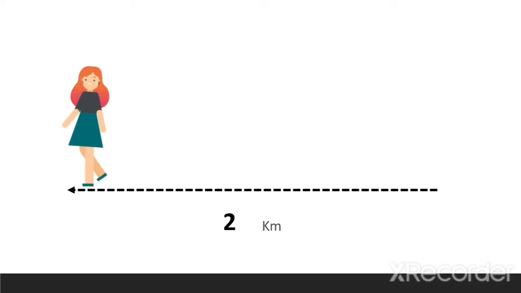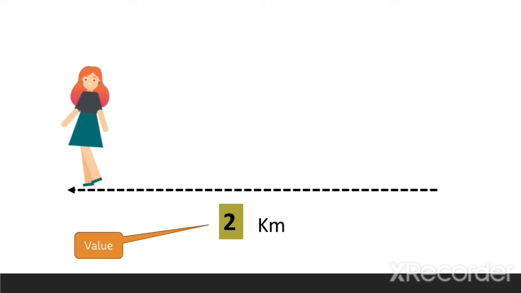Let's take an example. Sarita walks 2 kilometers every day. She is covering a certain distance. How much distance is she covering in a day? 2 kilometers. So what are we measuring here? We are measuring the distance covered by Sarita. Two things are important here. One is 2, which is the value, how much distance she is covering, and the other is the unit.